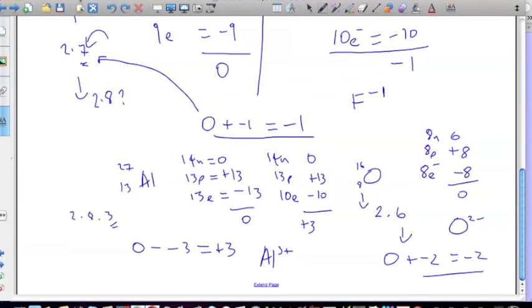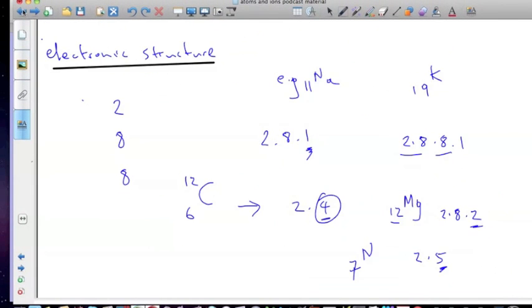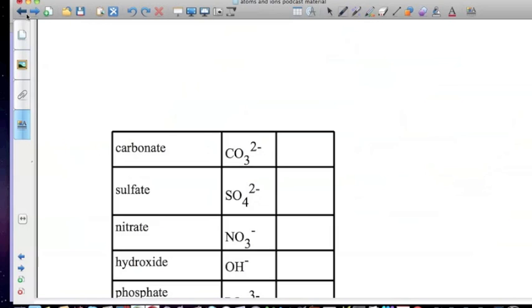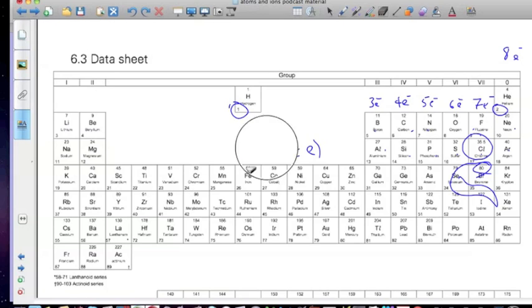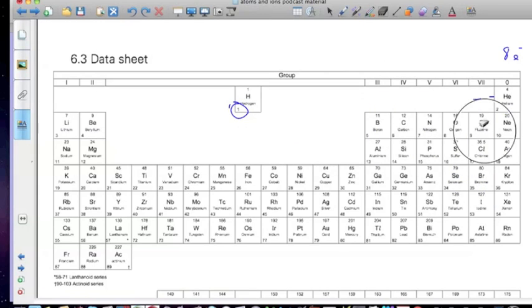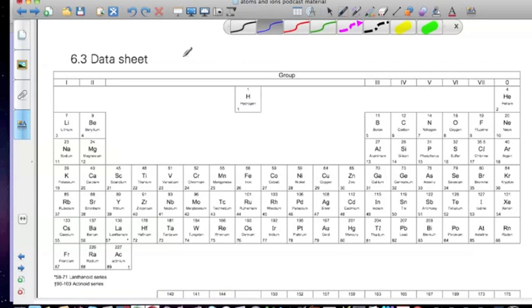So if you go back to your periodic table, you've probably seen by now that you can really make this quite easy. I'm going to rub this stuff out just now. Get myself a new clean slate here. So what you can do now, if you're just looking at the ions, it should be clear that if you're in group 1, it's plus 1.